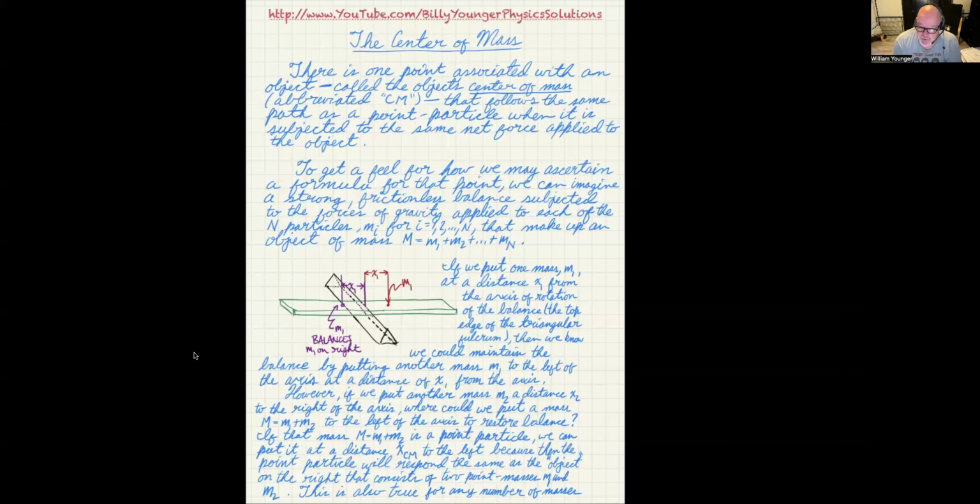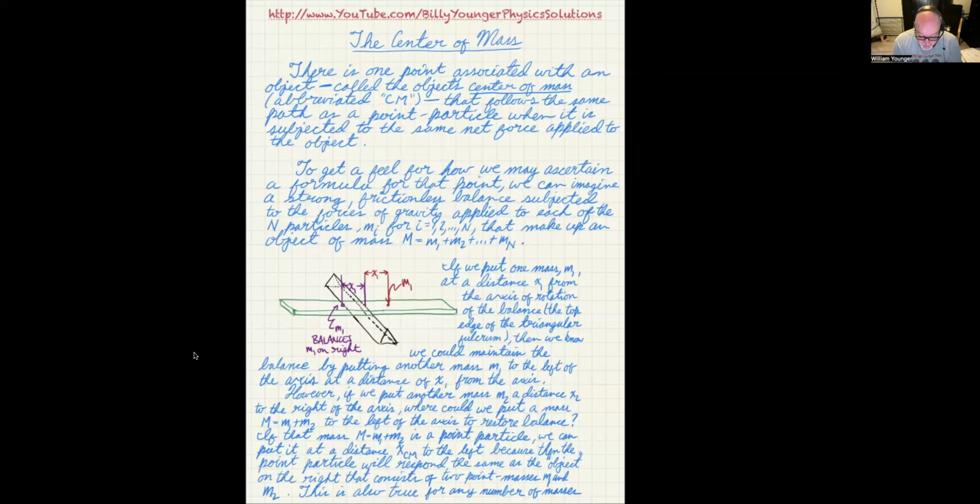In other words, if the balance was frictionless and perfectly balanced, then that beam is more or less irrelevant other than that it holds the pieces together, and it would sit perfectly still as long as it's balanced. So as soon as we put a mass m1 a distance x1 away, it's going to tend to rotate in a clockwise direction as seen in this diagram.